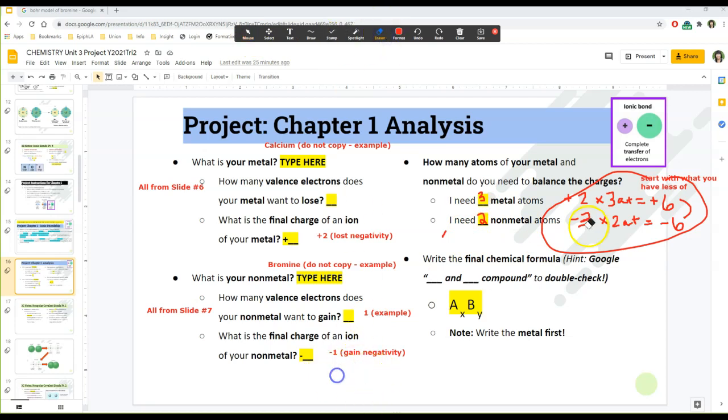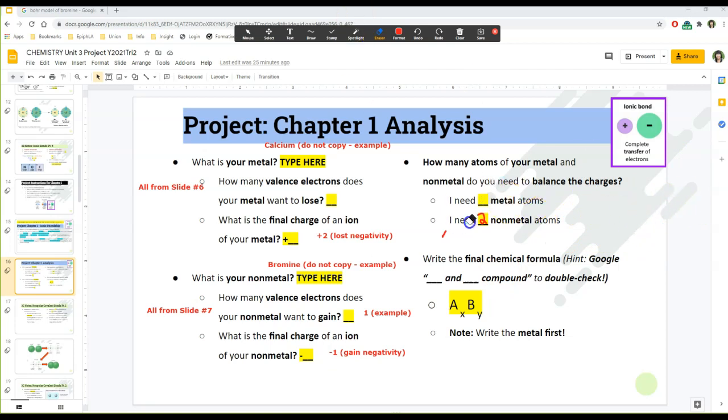Okay, so then we can go ahead and write the final formula here. Going back to what I originally had, I originally needed 1 metal and 2 nonmetals, because 1 times +2 would give me +2, and 2 times -1 would give me -2, and that balances off. So now I need to know the final chemical compound.